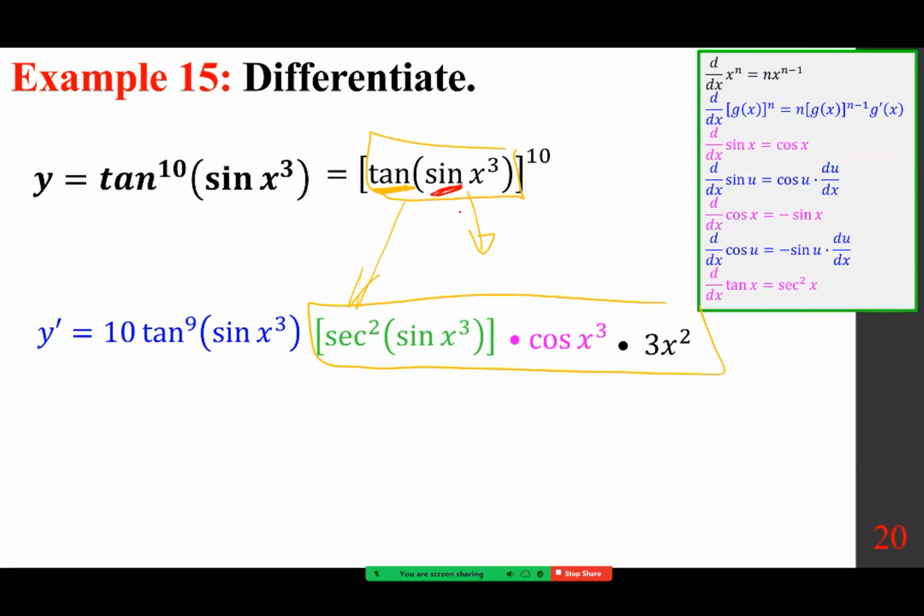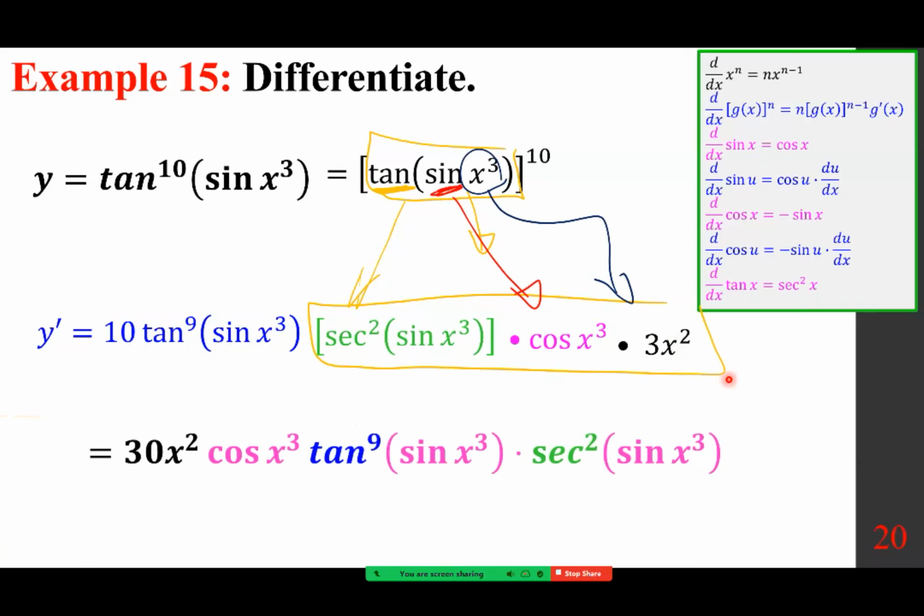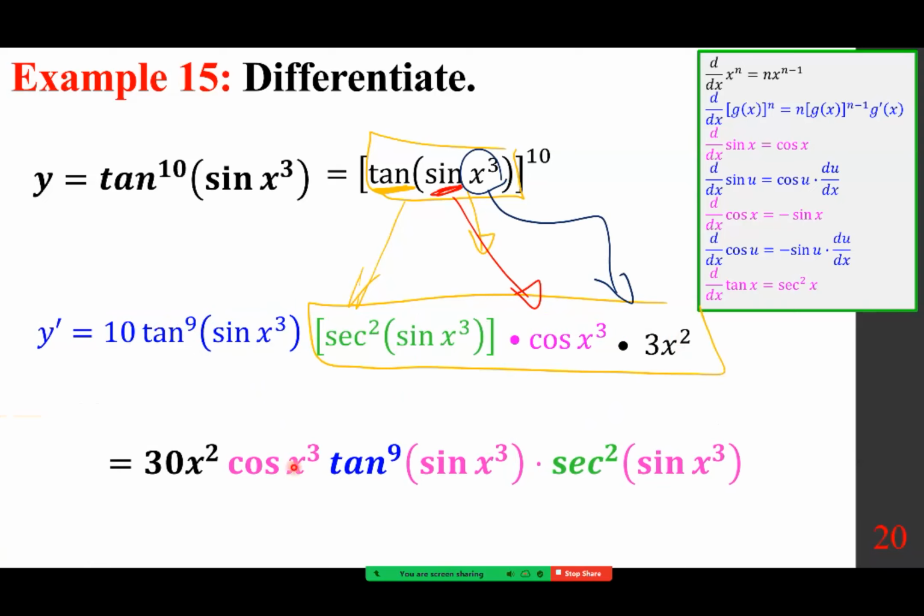Then you go with the sine, gives you cosine of x cubed. Finally, x cubed gives you 3x squared. We're going to rewrite this by multiplying 10 and 3x squared, putting it in front. Cosine x cubed, tan to the power of 9, sine of x cubed, secant squared of sine x cubed. That's all you need.